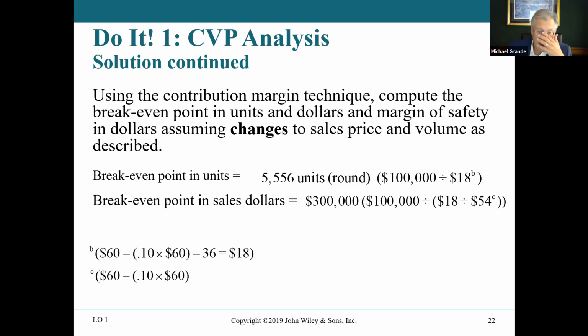So remember, the new contribution margin per unit is $18. Divided by a selling price of $54, the contribution margin ratio is 33%, right? It's the contribution margin, which is the new one at $18, divided by the new selling price, which is $54. So 18 divided by $54 is 33%. So $100,000 divided by 33% is $300,000.